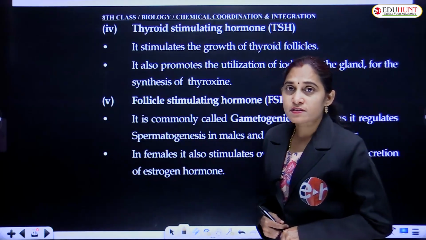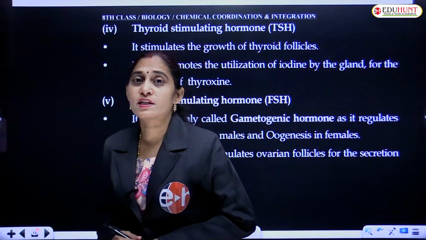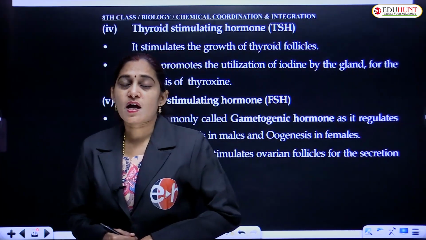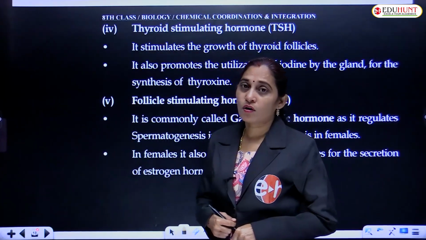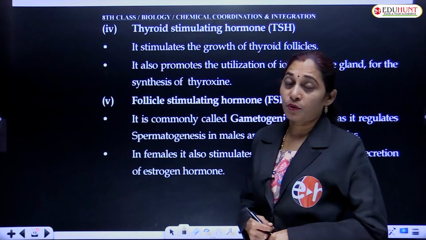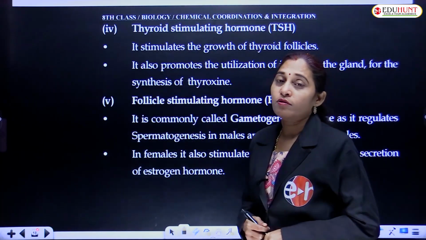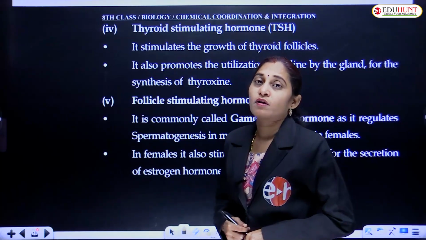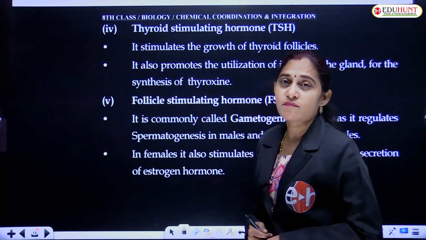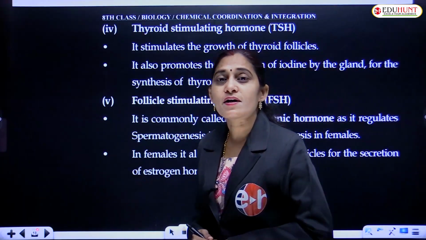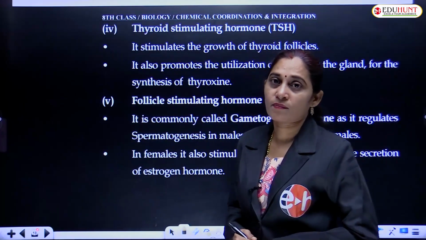We have already discussed some of the hormones released by the pituitary gland. Those are growth hormone, prolactin, and also the adrenocorticotropic hormone. These three hormones and their functions were discussed in detail in the previous session.